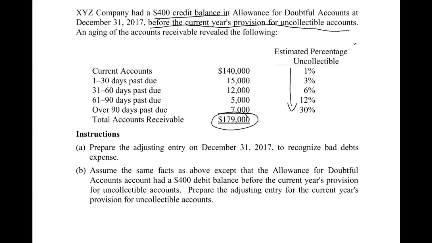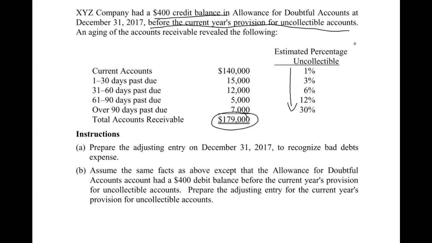And that makes sense, right? If it's been 90 days or 120 days, the odds of us collecting that money are going down by the minute. Current balances, hopefully we collect a lot of that. That's why it's such an advantage to collect things quickly.